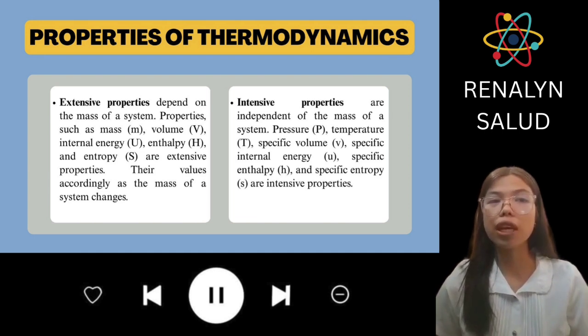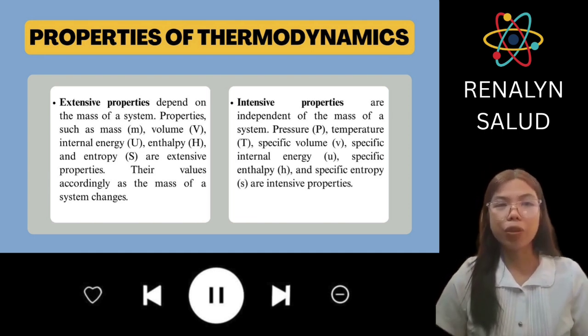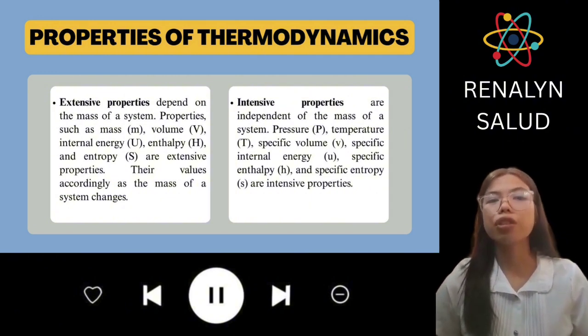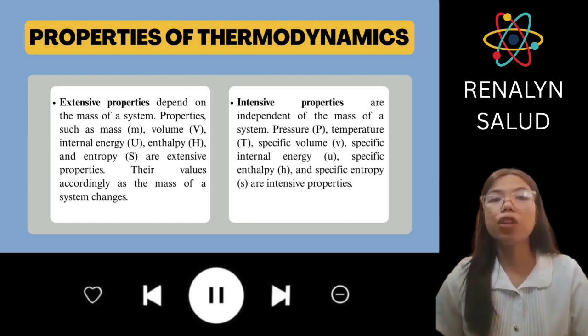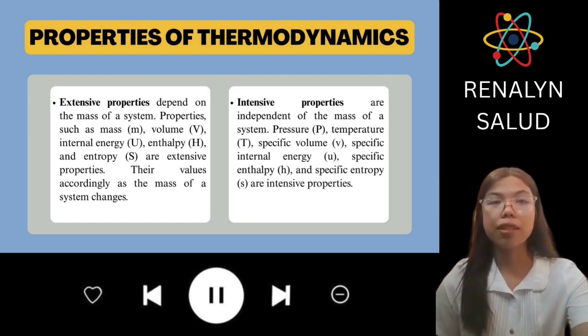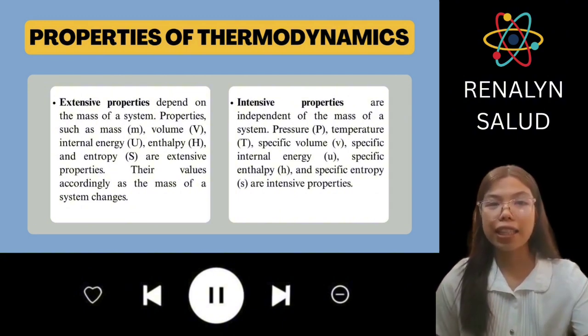And of course the enthalpy, the total heat content, and the entropy, which is the measure of disorder in the system. Let's take note that if you double the amount of substance, these values also double. That means they are additive.